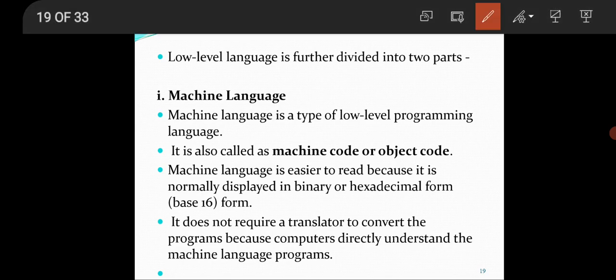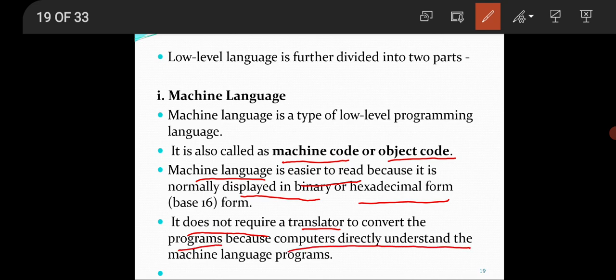So machine level language is also called machine code or object code. It does not require any translator because the computer directly understands the machine language program.